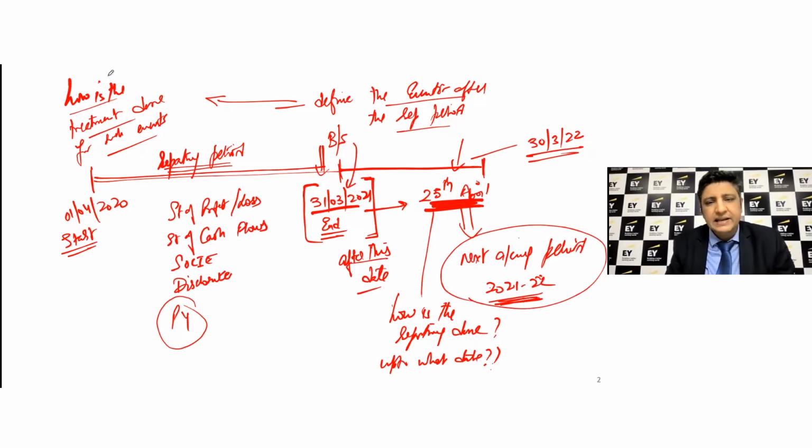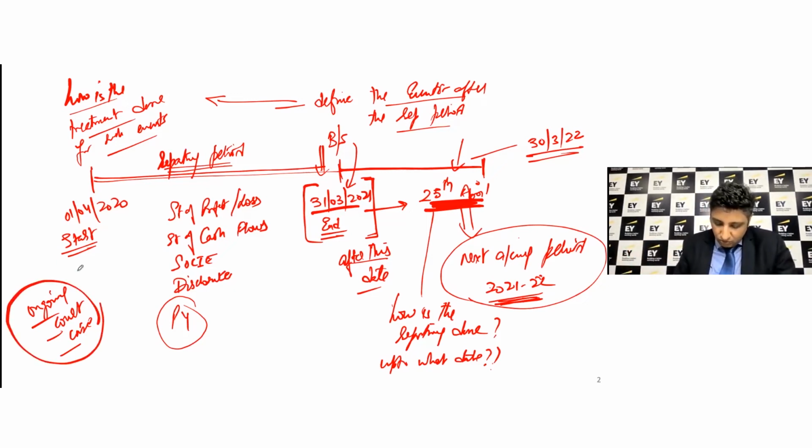Okay. Let's say, for example, a very precise example I want to use here, is that there's an ongoing court case, right? Which has been under litigation for many years. And let us say that the court case decision comes on 25th of April 2021, right?